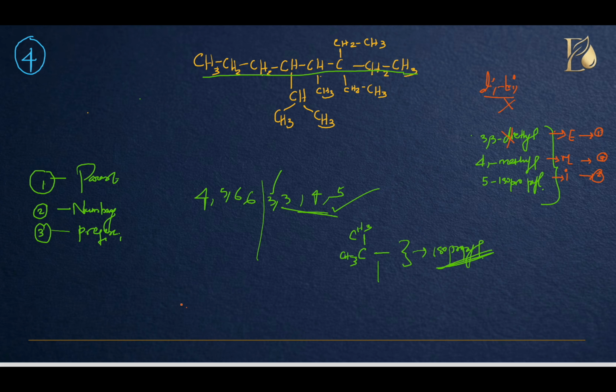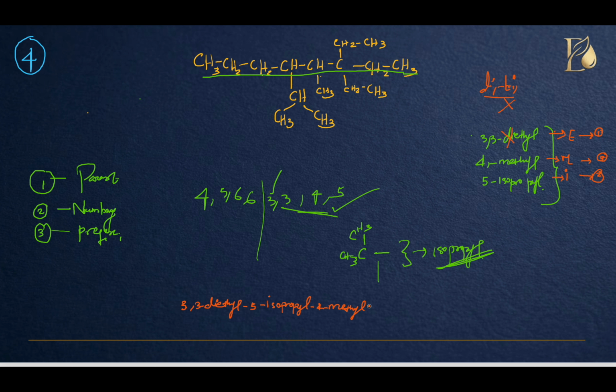Okay. So now finally what will be our compound? We can write the compound name: 3,3-diethyl, then 5-isopropyl, then 4-methyl. These are the substituents.